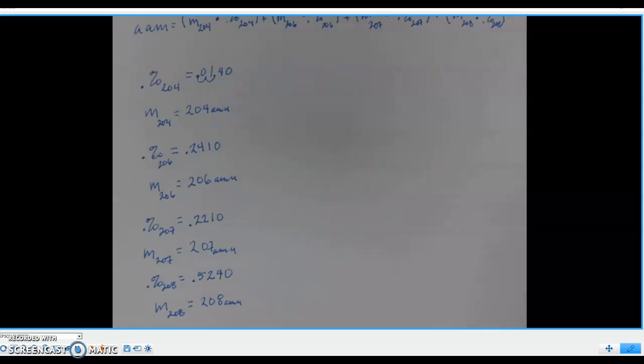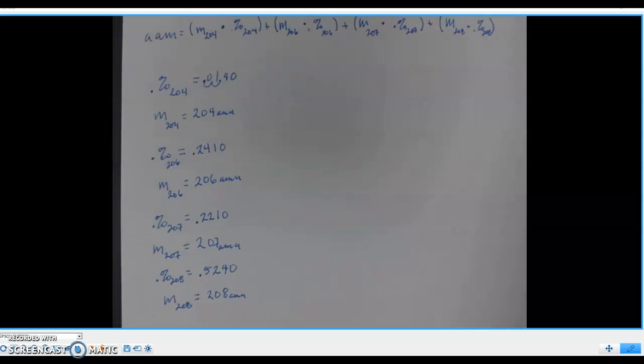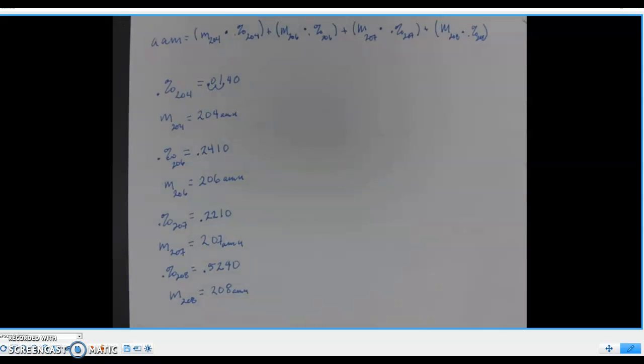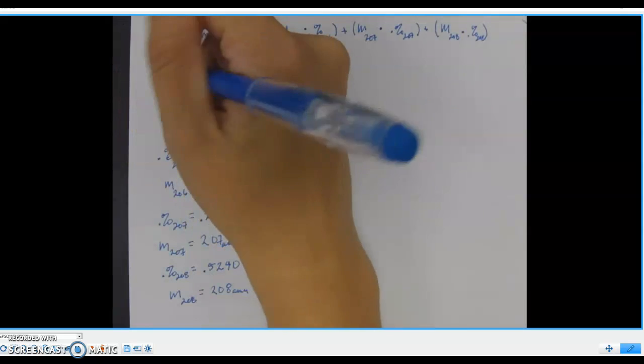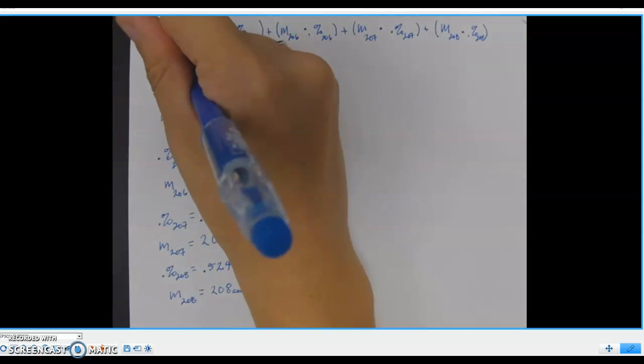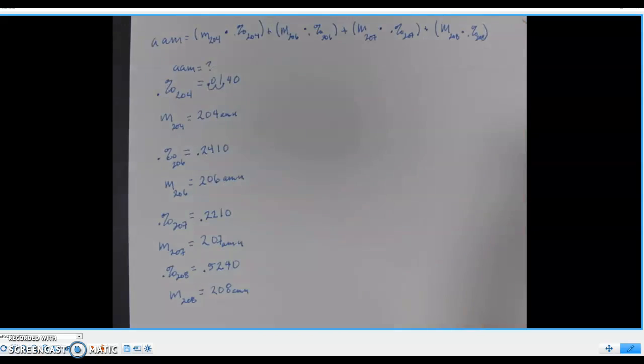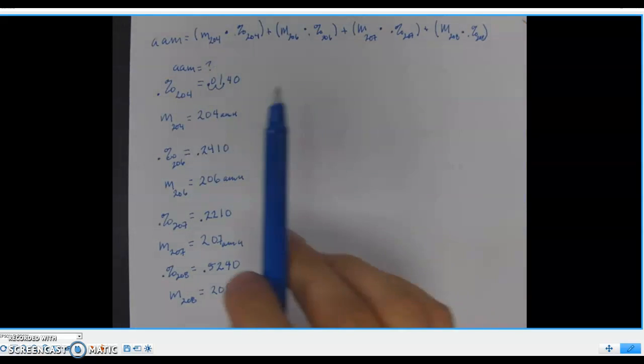Okay. Let's see if I can fit this all in. Okay. So, now that I have my big, huge list of knowns, I can recognize that what I'm solving for is average atomic mass. The problem says, what is the average atomic mass for lead?